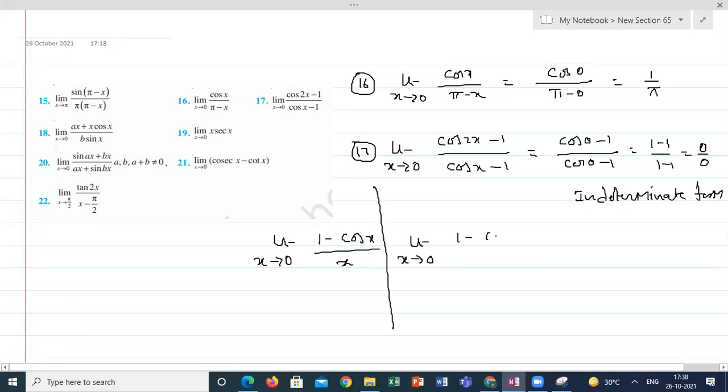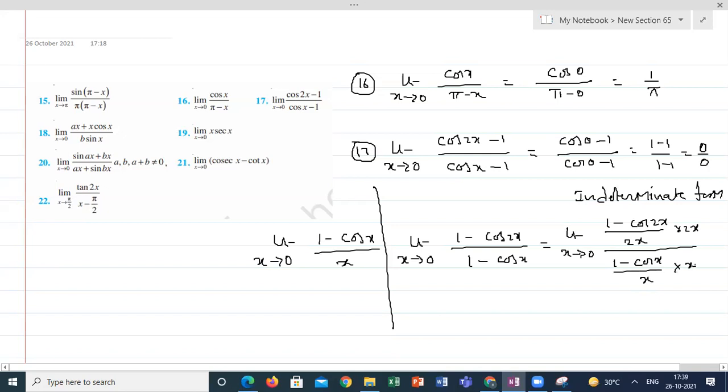So I will get 1 minus cos 2x by 1 minus cos x. And numerator I'm multiplying with 2x. Limit x tends to 0, 1 minus cos 2x divided by 2x into 2x, same as 1 minus cos x divided by x into x.